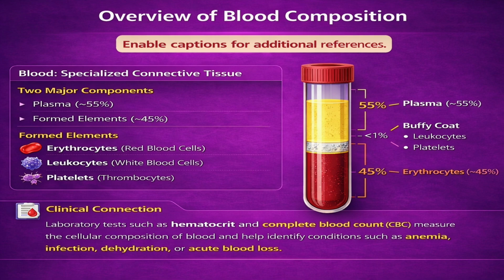Laboratory evaluation of hematocrit and blood cell counts is commonly used to diagnose conditions such as anemia, infection, dehydration, and internal bleeding. Misinterpretation of hematocrit values or blood cell counts can delay recognition of serious clinical conditions such as hemorrhage, sepsis, or severe anemia.